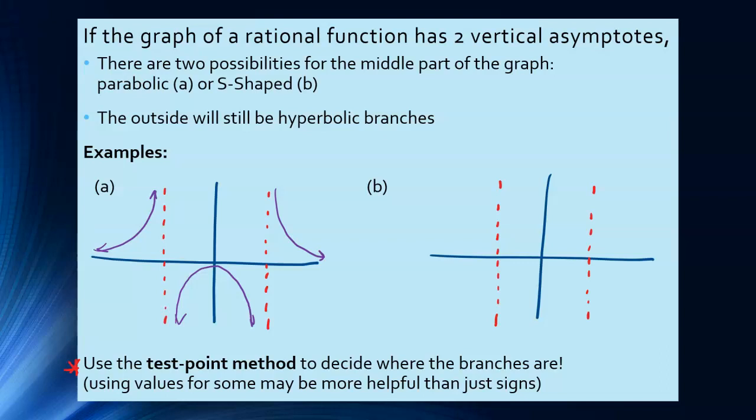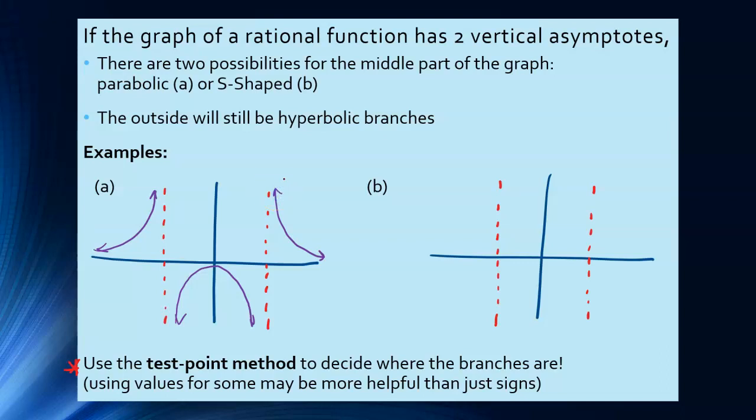So you could have something like that on the inside of those two vertical asymptotes. The outside will always be hyperbolic branches. So that would be the outside pieces.